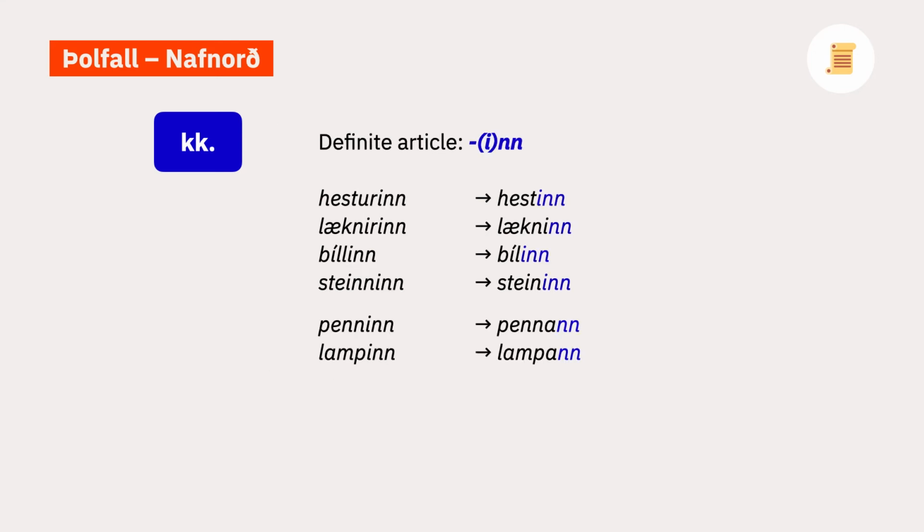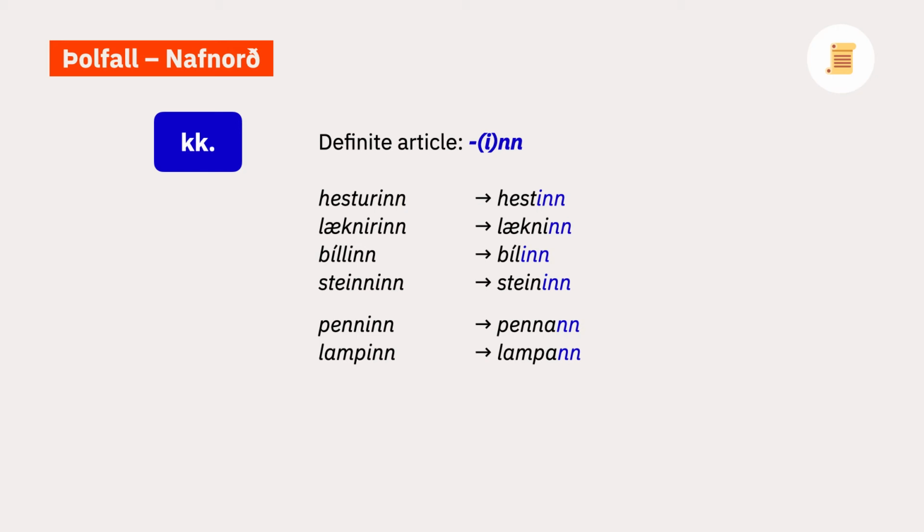We also have to think about the definite article. The definite article for the masculine accusative is actually the same as in the nominative, so it's i and n. This is added to the accusative form of the noun as shown here. So hesturinn, hestinn. Læknirinn, lækninn. Bíllinn, bílinn.